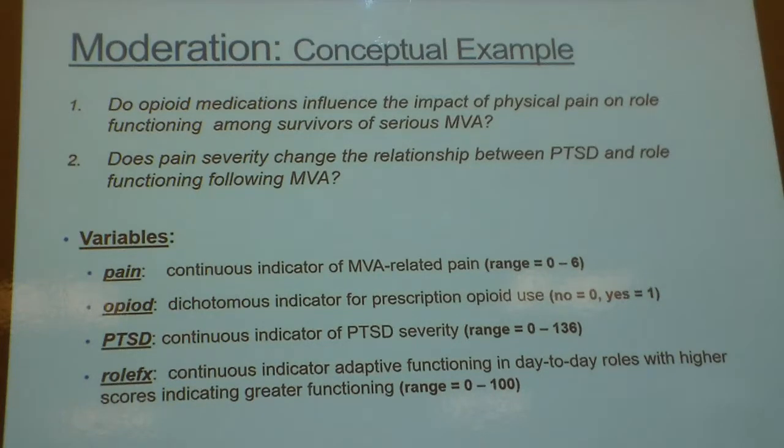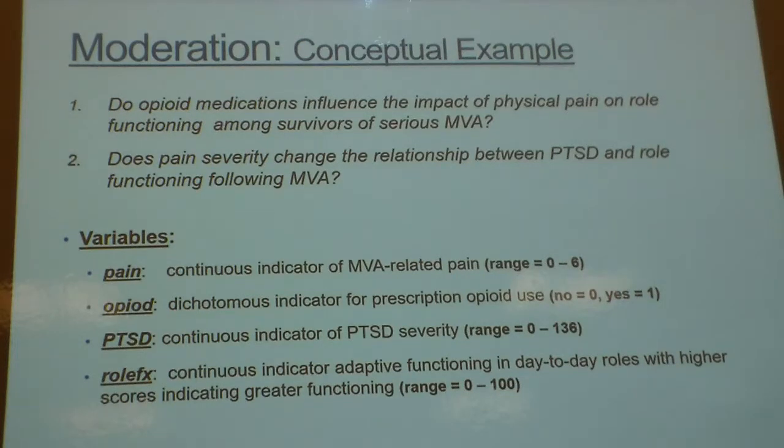Who would we expect a stronger relation between pain and functioning? Would we expect a stronger relation between people who aren't taking medications or who are taking medications, if the medications are doing what they're supposed to be doing? We would expect that people who are taking appropriate medication, that the relationship will be less strong. Perfect, right?